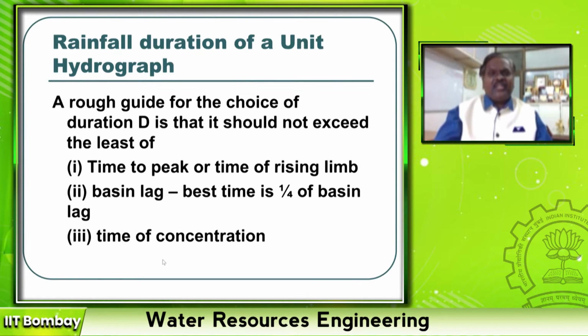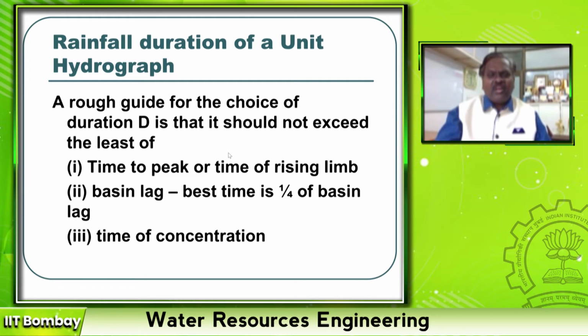Then another guideline: how long should the duration of the rainfall be in a unit hydrograph? A rough guide for the choice of D hour we have seen already, right? D can be time to peak or time of rising limb.